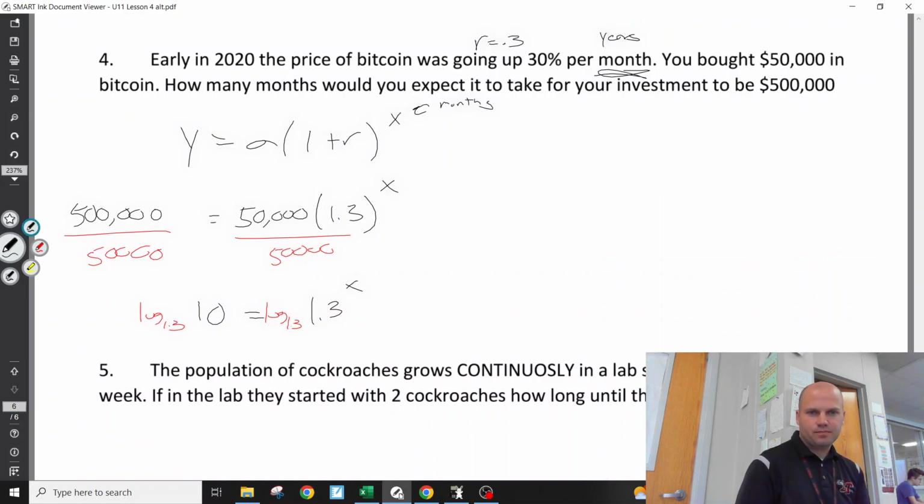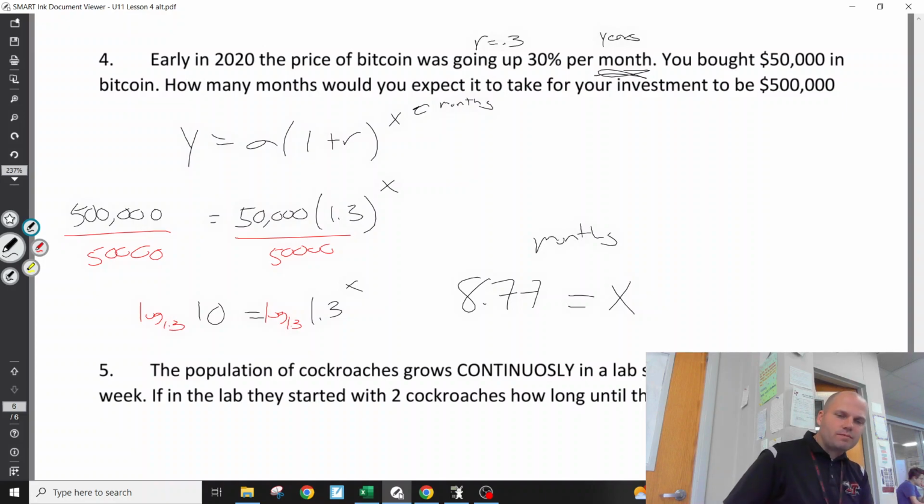8.77 months. Look at that. It's not going to take that long at all to get rich. However, I kind of put this example in here for you to say, like, compounding interest is dangerous. Things in the real world never work this way.